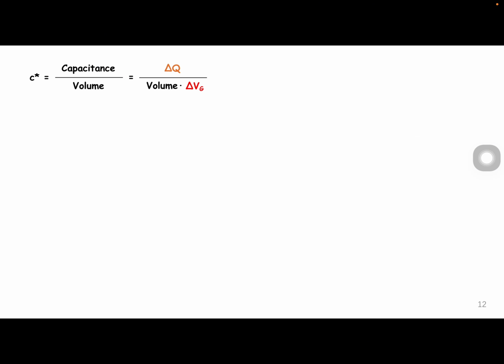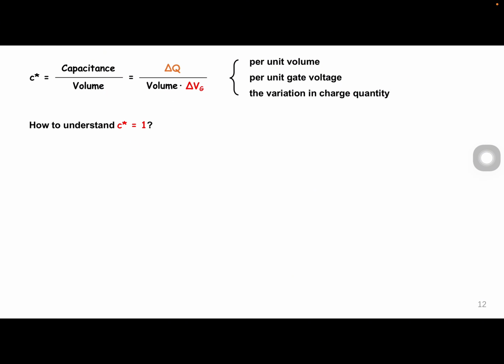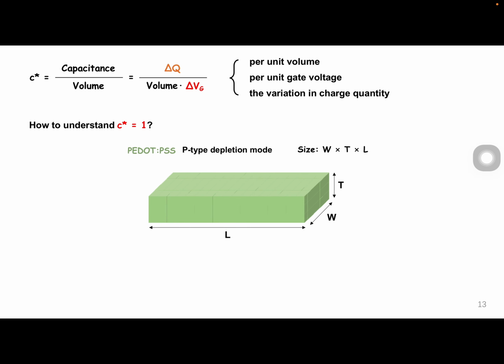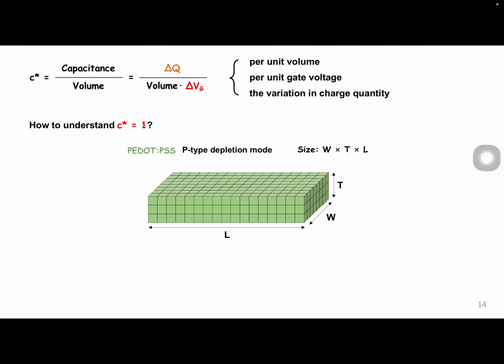For this formula, it means per unit volume, per unit gate voltage, the variation in charge quantity. Then how to understand C star equals 1? Still, the semiconductor mentioned before, we can divide it into many unit volume cubes.